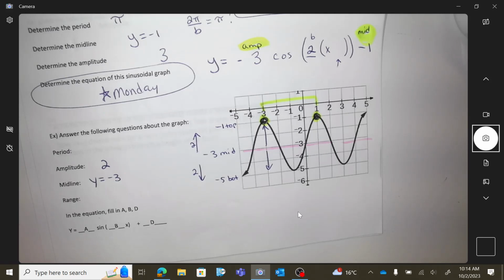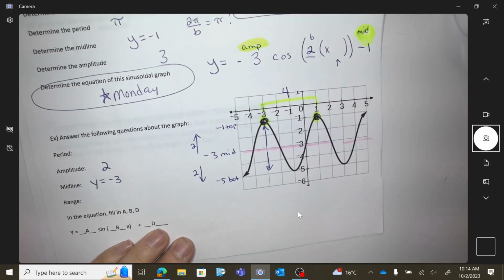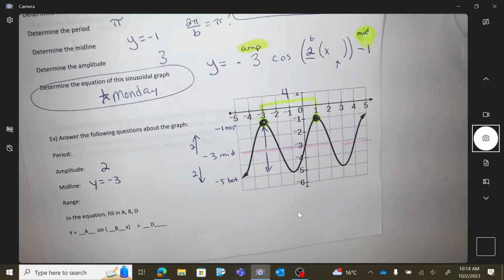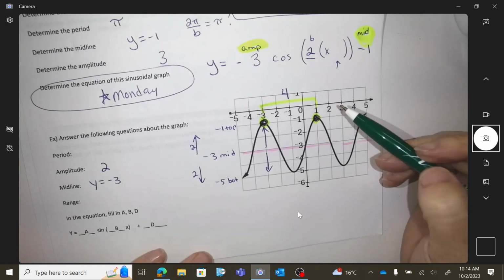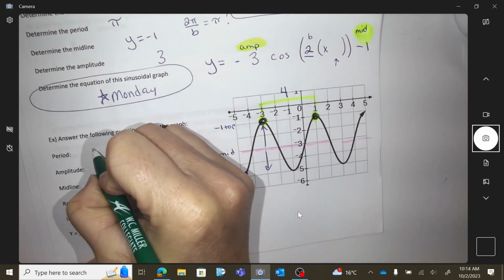So if I went from that top point to that top point, what is the space it took me to do that? Would you think that that took 4? You know what I mean? I'm talking about space. I'm not going to write 1 because that x value is 1. I'm saying what's the space. So the period is 4.